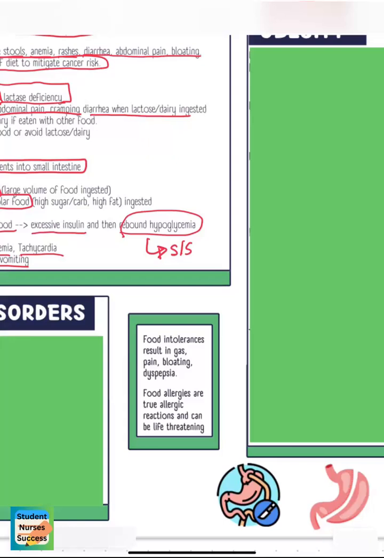Lactose deficiency is almost like a food intolerance. It's uncomfortable, but it's probably not going to cause an anaphylactic reaction. It just means that you're not digesting or breaking down the food well.